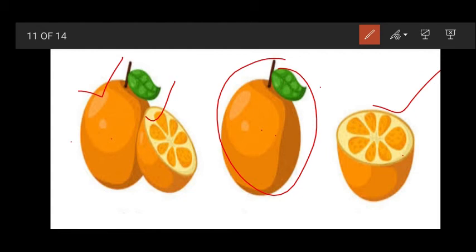The second one has only one, which is less than the first one, so it is called less than. The third one has less than the second one, so it is called least.